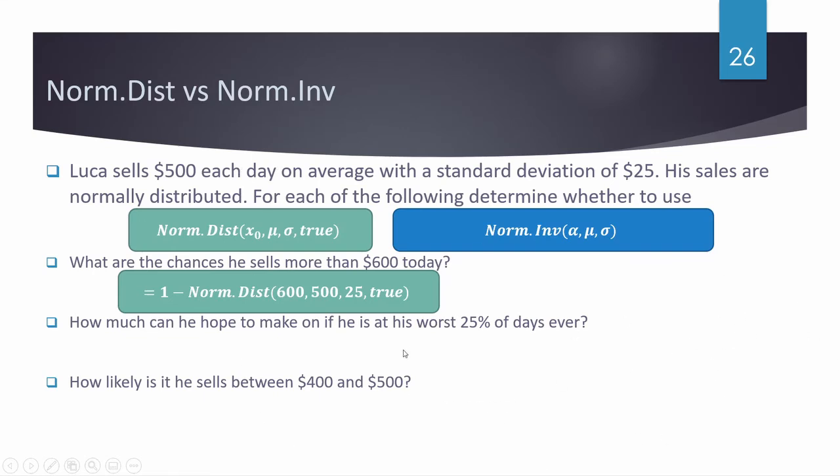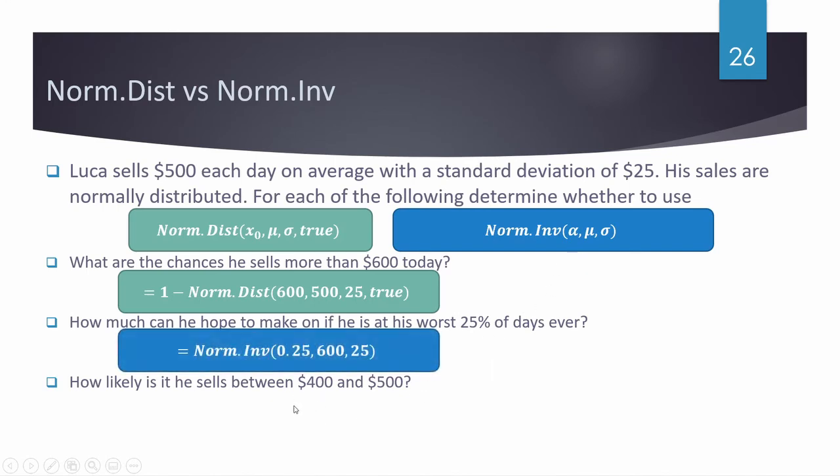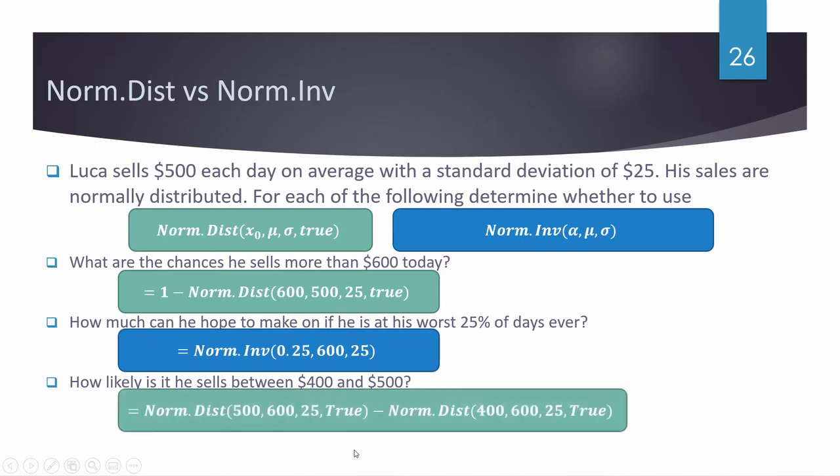Here we know that we are at the 25th percentile of days, but we don't know the value of the random variable x, that is how much he will actually sell if he's at the 25th percentile. So we're going to use the norm.inverse function. Finally, how likely is it he sells between $400 and $500? This again will be a norm.dist question because we know the value of the random variable x we're after, but we need to figure something out about a probability.